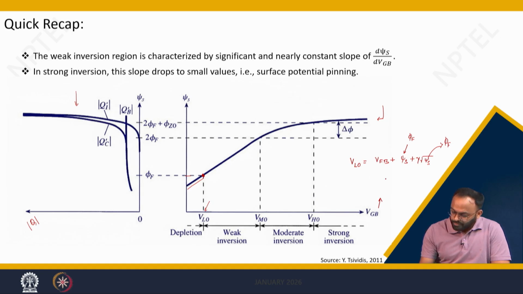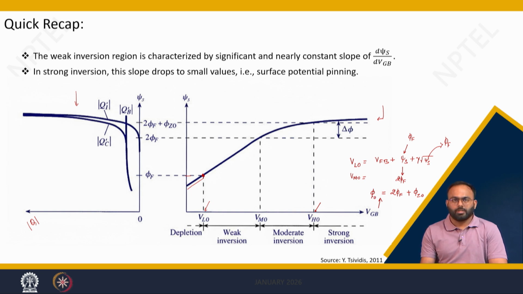In a similar way, we can find VMO, where the surface potential is equal to 2 phi f. And to calculate VHO, meaning the onset of strong inversion, we need to take a higher value of surface potential, which we defined as 2 phi f plus phi z0, which is nothing but replaced as phi naught.